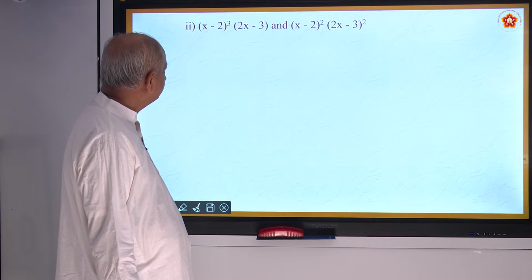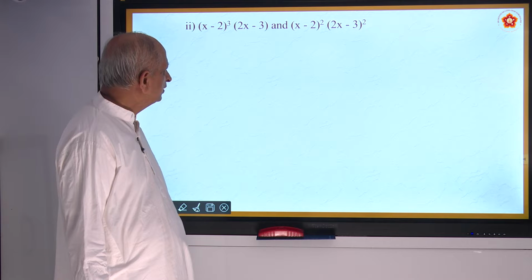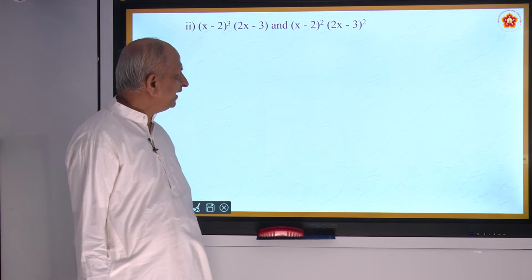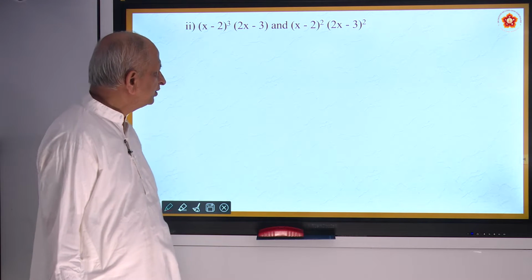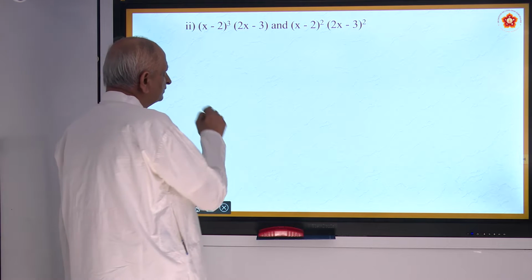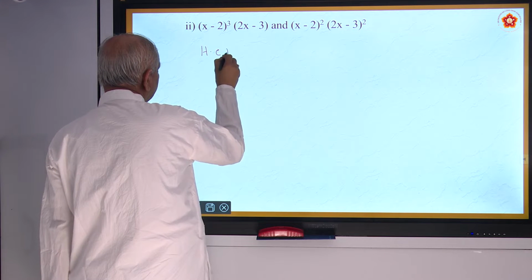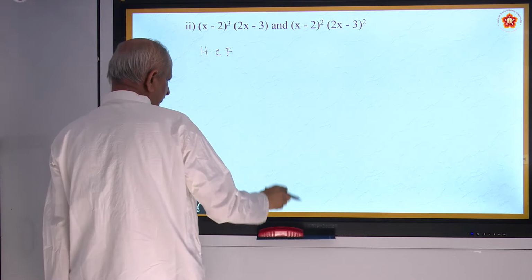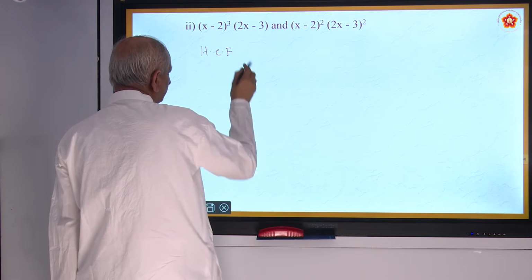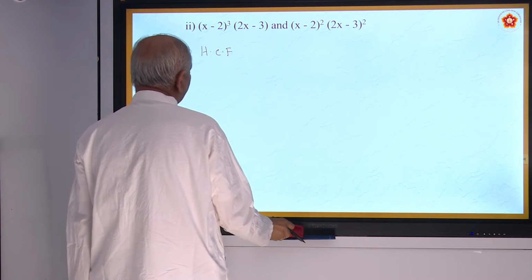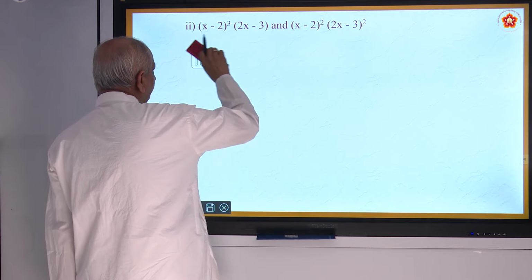Next problem: (x minus 2) whole cube into (2x minus 3), and (x minus 2) whole square, (2x minus 3) whole square. So HCF. First, find the HCF of these two, they are asking. First you must make factors.